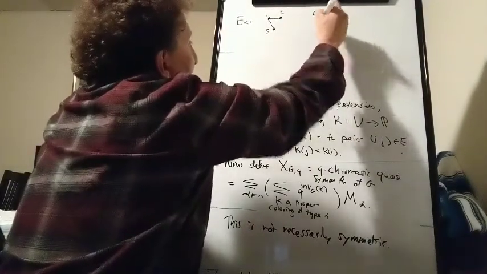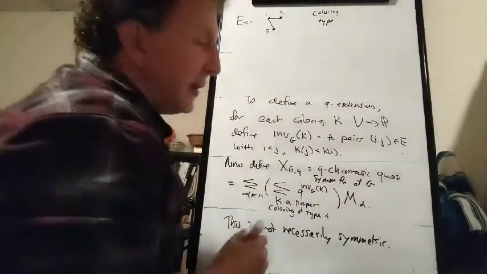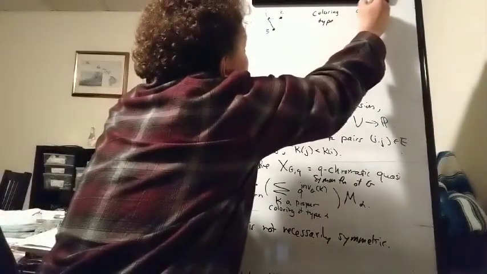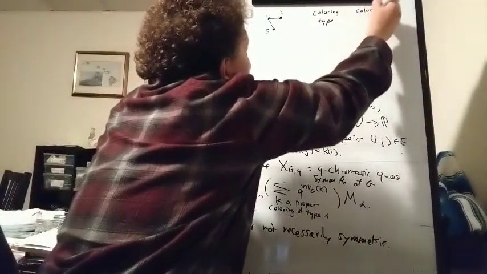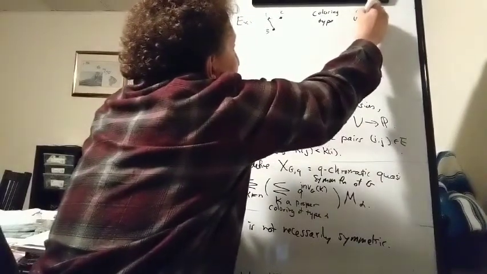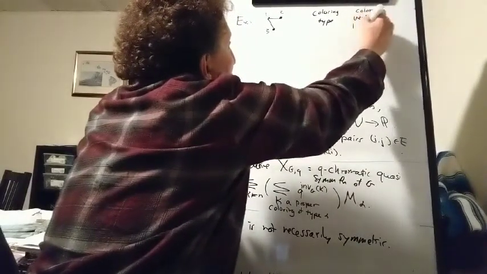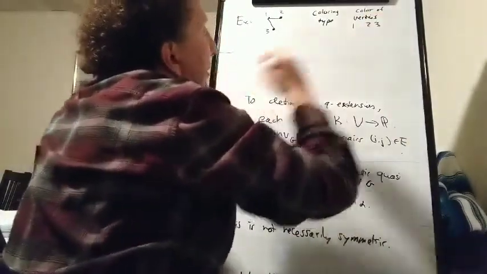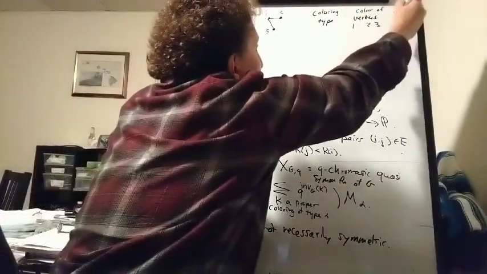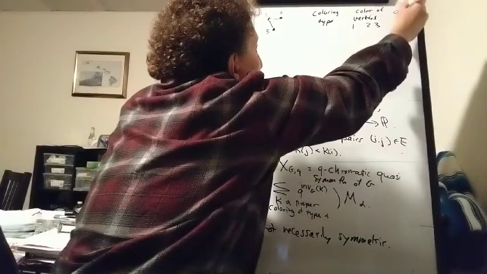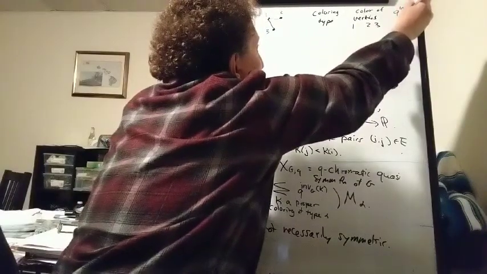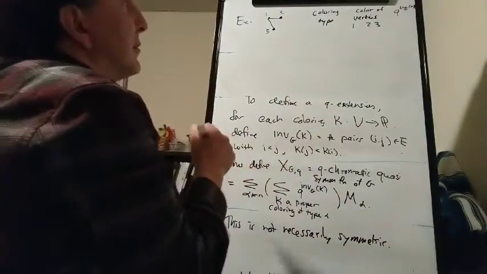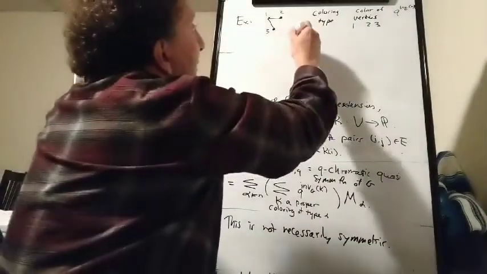And let's make a table of coloring types and colors of vertices 1, 2, and 3, and then q to the number of inversions of the coloring.